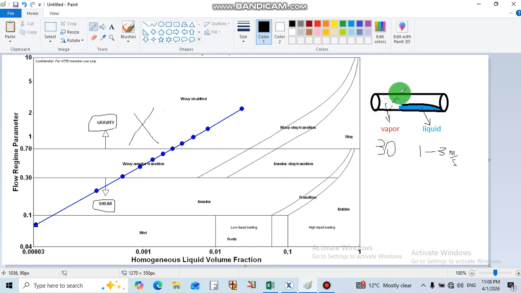So let's look at this pipe where we have vapor. The vapor tends to rush through the pipe with more urgency, and as it passes through this part, it causes some of the liquid to lift and impact the upper part of the pipe.